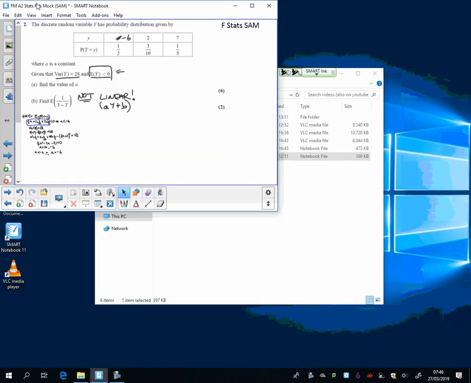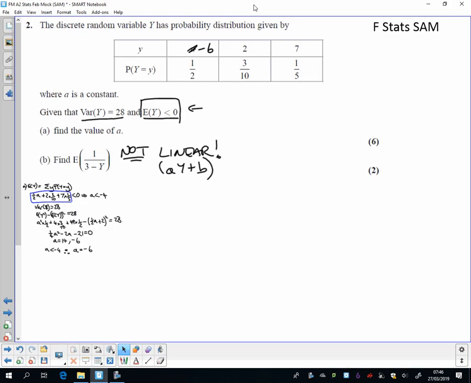Okay, so I've just given us a bit more space to do that. I've got y, I've got 1 over 3 minus y, and I've got the probabilities. It's a very quick rough table. So y is negative 6 to 7, and then I just work out what 1 over 3 take away negative 6 is, then 1 over 3 minus 2, and then 1 over 3 take away 7.